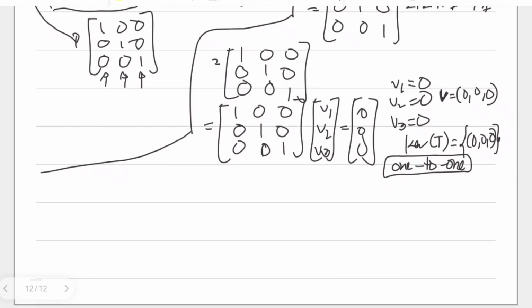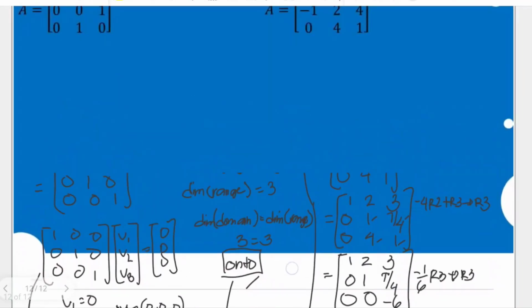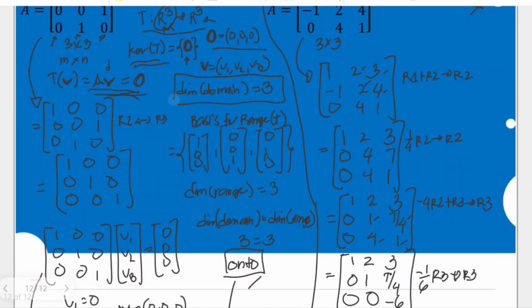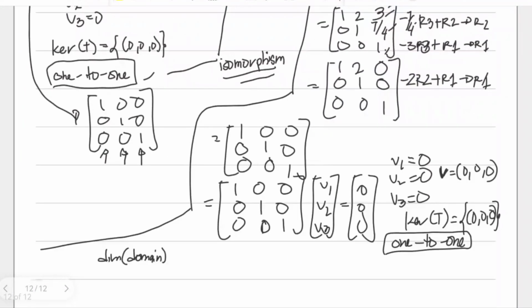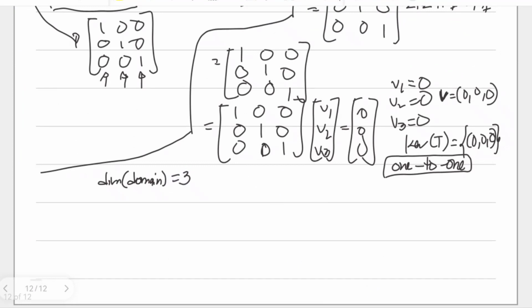For our onto linear transformation, we still have the same linear transformation declared here, so the dimension of the domain is still 3. Now the dimension of your range is equal to the basis of the column space of A, or the basis of the range of your second matrix.